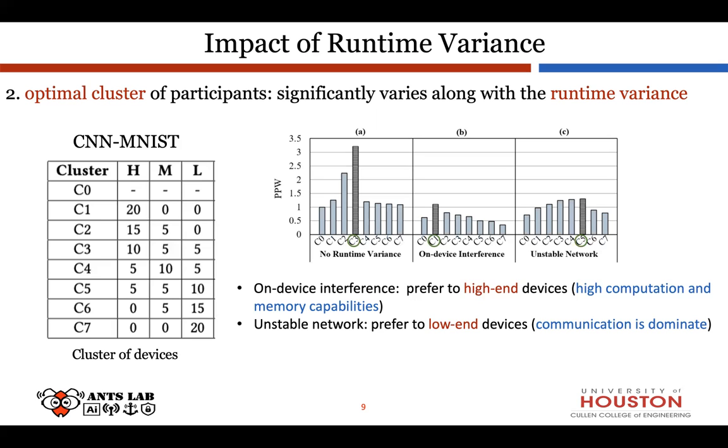So if you classify the task like this, with no runtime variance on device, yeah, probably that's true. But say you have some task, very CPU or GPU computing intensive, right? Your low-end or mid-end device cannot handle that.